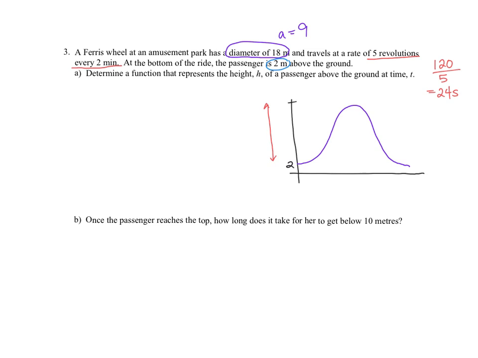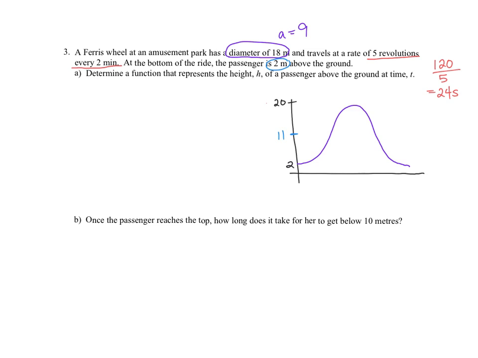So I'm going to add that to my 2, which means that my highest point is going to be 20. And then to find that equation of the axes, how far has my equation shifted up? Well, again, we know that if my lowest point is 2 and my amplitude is 9, if I go 2 plus 9, that's going to put me at the middle of my graph at 11.